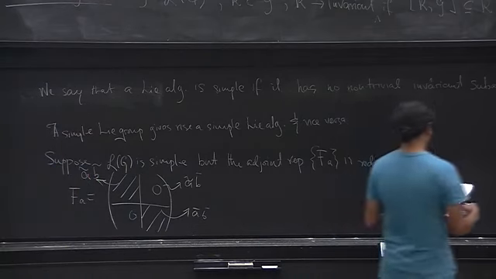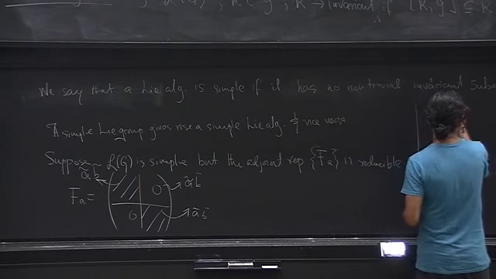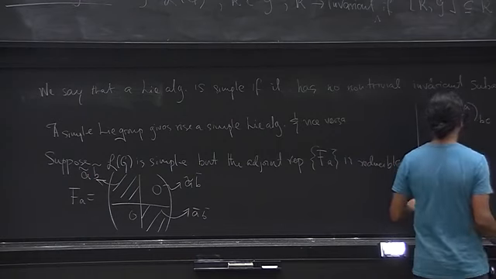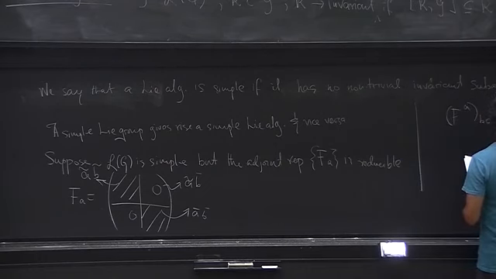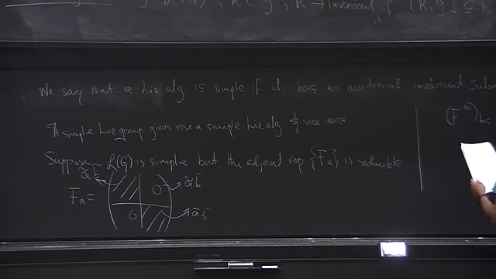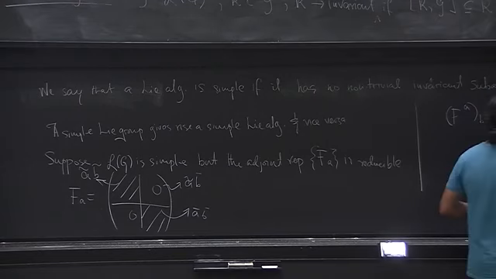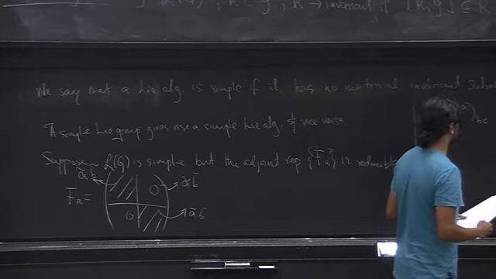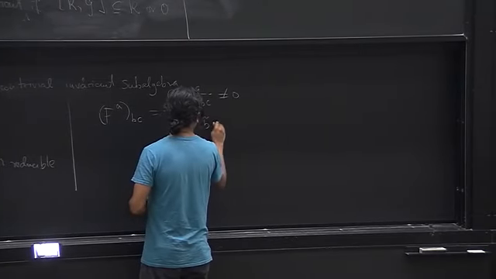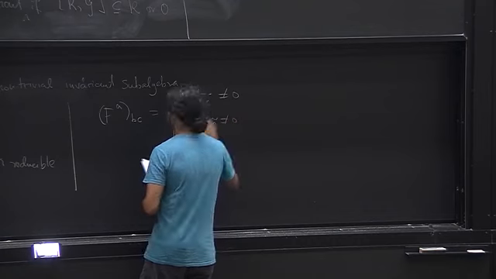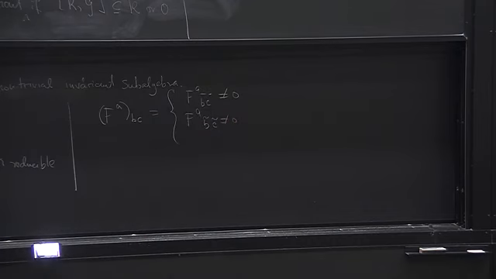So I can say that f of A, B, C is non-zero if both B and C have barred indices, or if they both have tilde indices, because then the elements are in one block or the other.